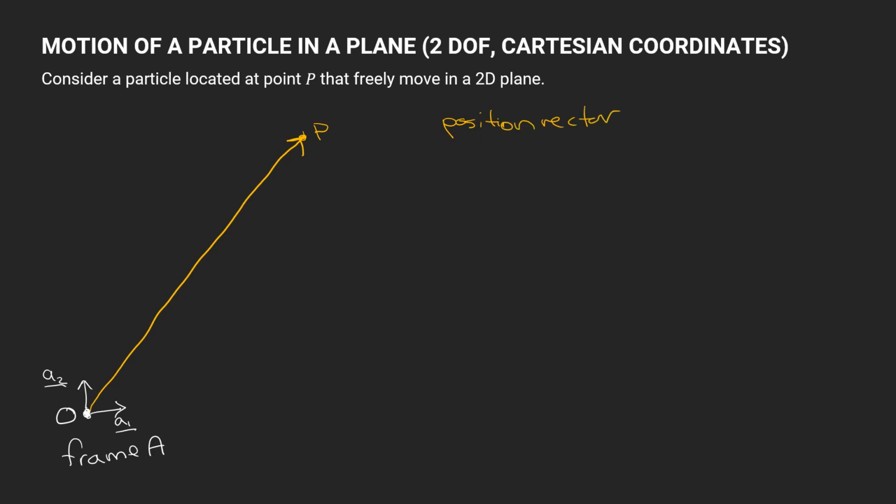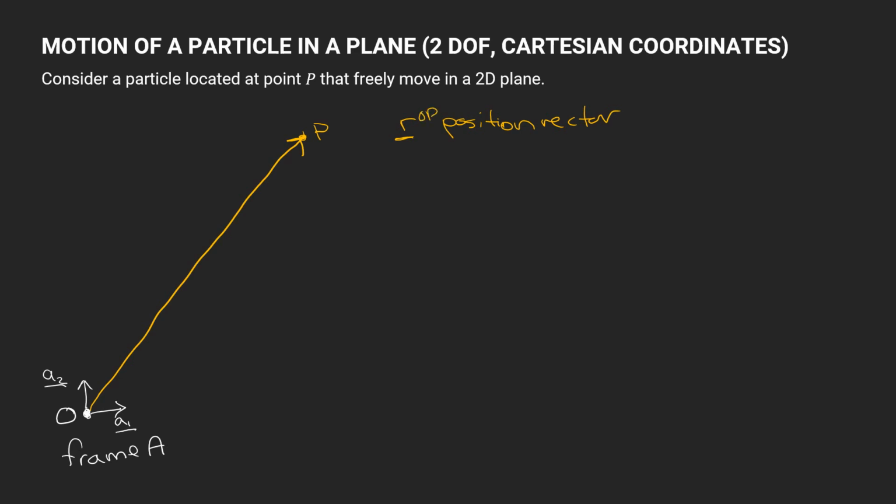And the notation that we'll use to describe this position vector is as follows. We'll always use a lowercase r to denote position. And because this is a vector, we're going to use the underbar. And because this vector runs from point O to point P, we're going to write up here OP.